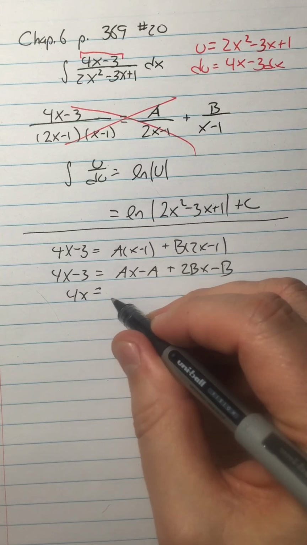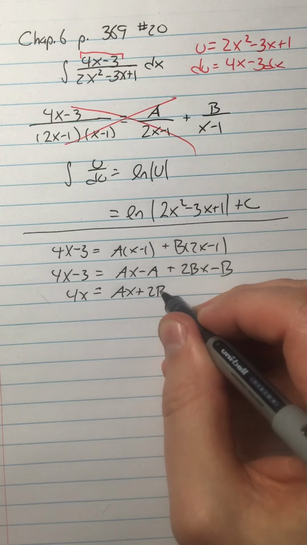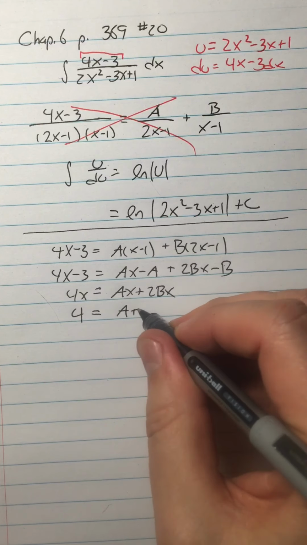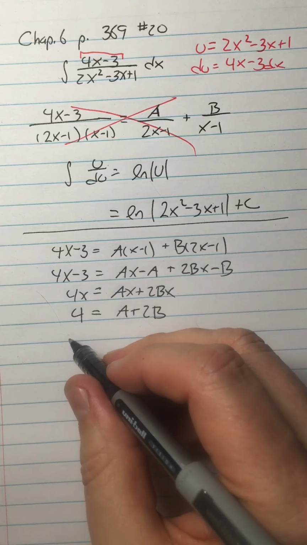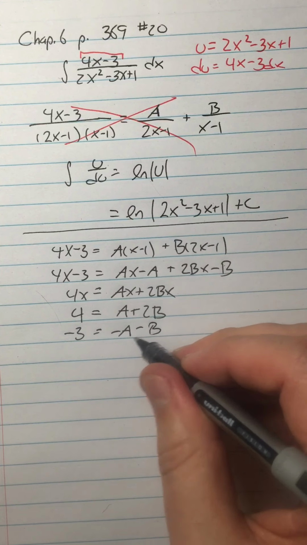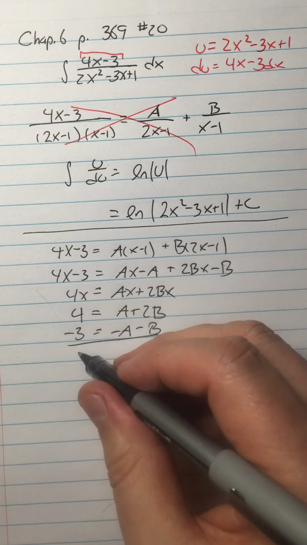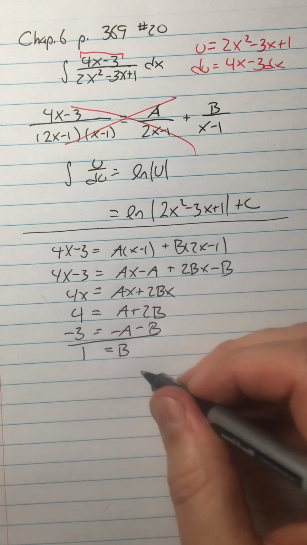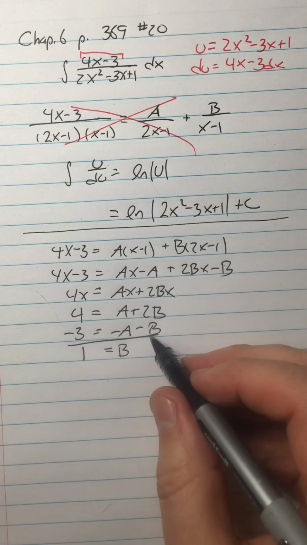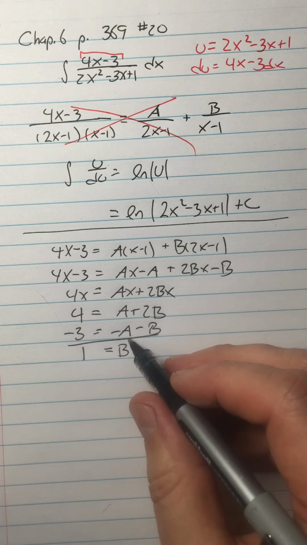So then I have 4x equals Ax plus 2Bx, so 4 equals A plus 2B, and then negative 3 equals negative A minus B. Very easy to do elimination. 1 equals B. So since 1 equals B, that means A is 2.